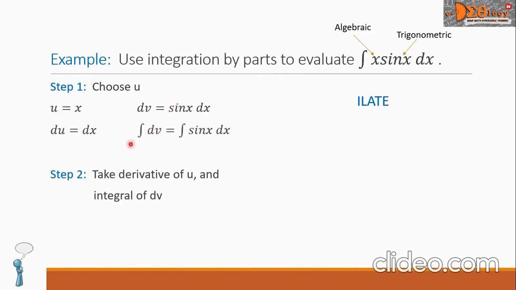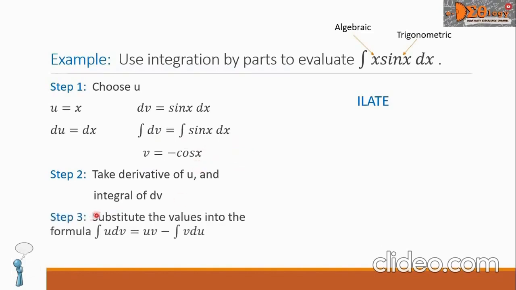While here we will show that the integral of dv is equal to the integral of sine x dx. The integral of dv is simply v, and this is now equal to the integral of sine x dx, which is negative cosine x. In here, we will no longer write the plus c.